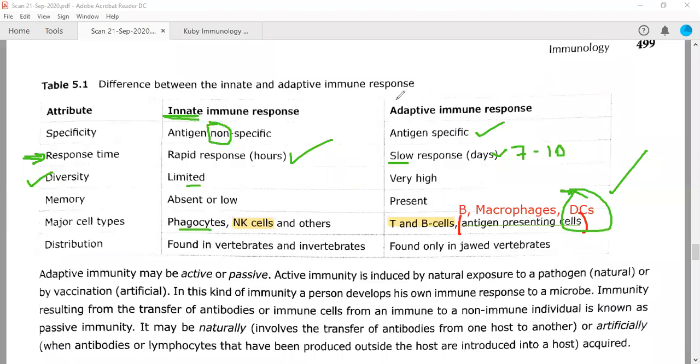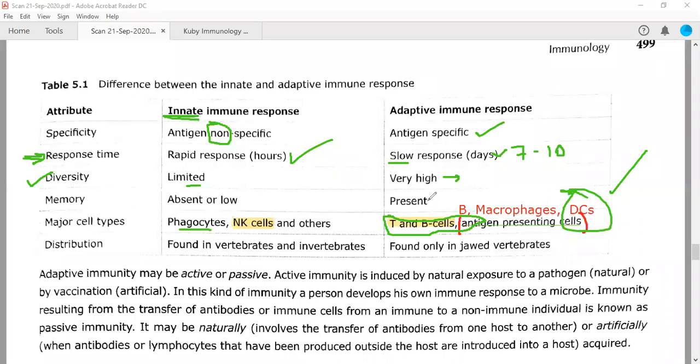But adaptive immune response, because it is made by B and T cells, which make up 90 to 95% of these lymphocytes, and lymphocytes are roughly 20 to 40% of all white blood cells, shows very high diversity over their surface receptors, right?